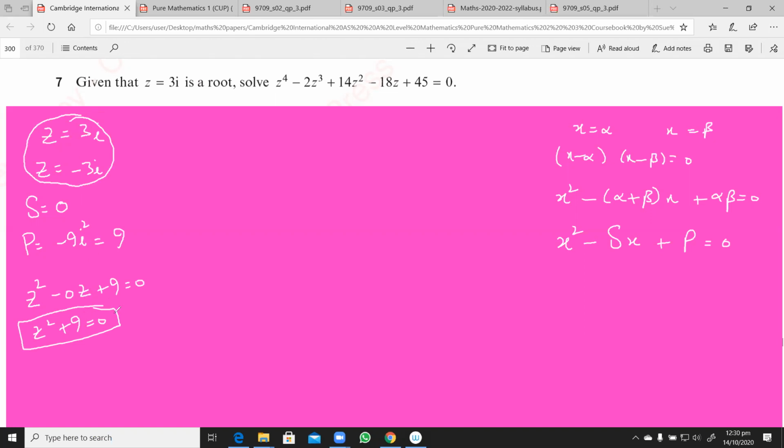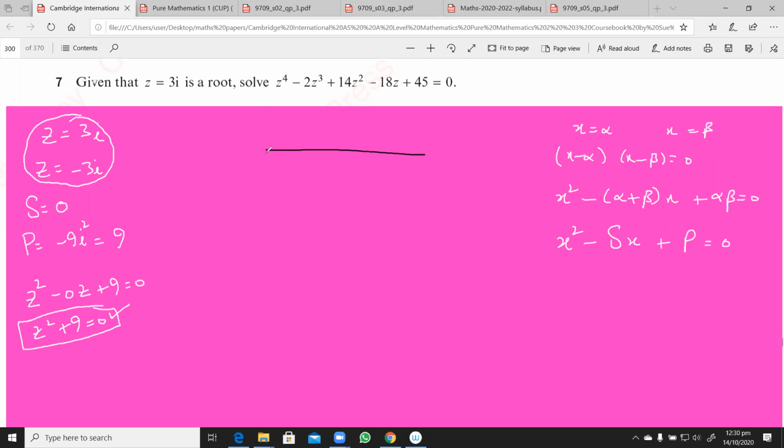Now, with the help of this equation, we can find the second quadratic factor of this given quartic polynomial. How can I find it? Yes, long division. We'll have to do long division over here. So let's do that.